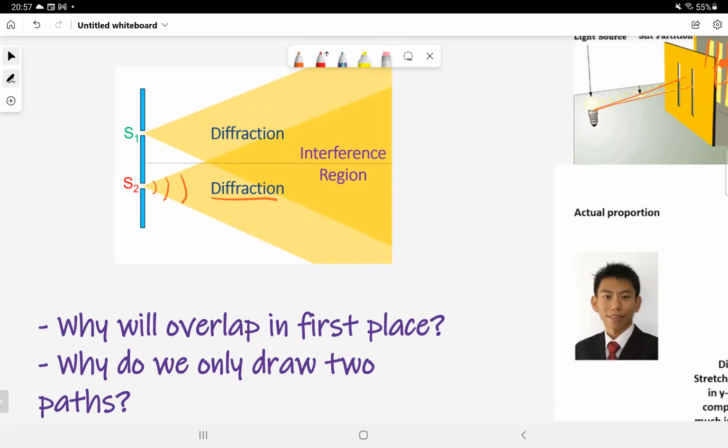That's why they will overlap. And throughout the whole space between the slits and the screen, most of it, they are overlapping already, because the slit is pretty small. So the degree that the light diffracts is pretty huge. It will spread out, fan out in this manner, and they will overlap.